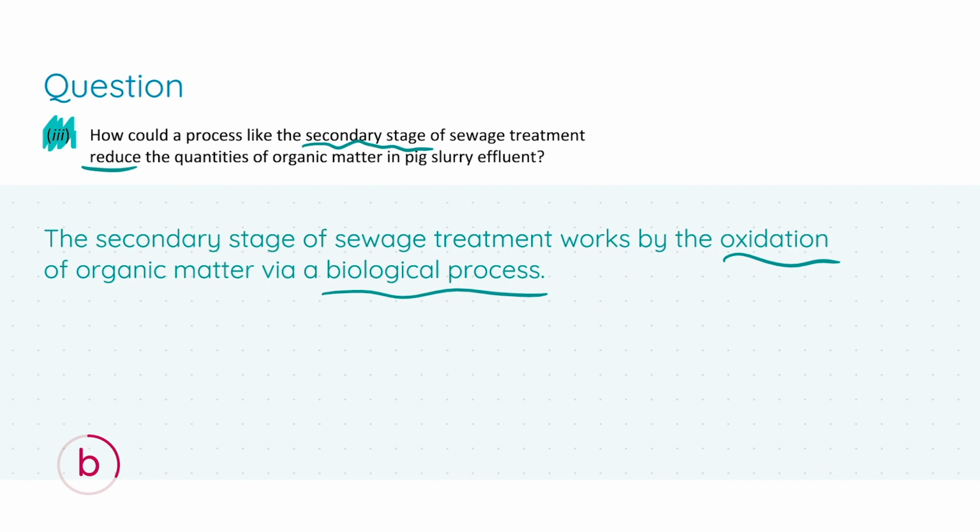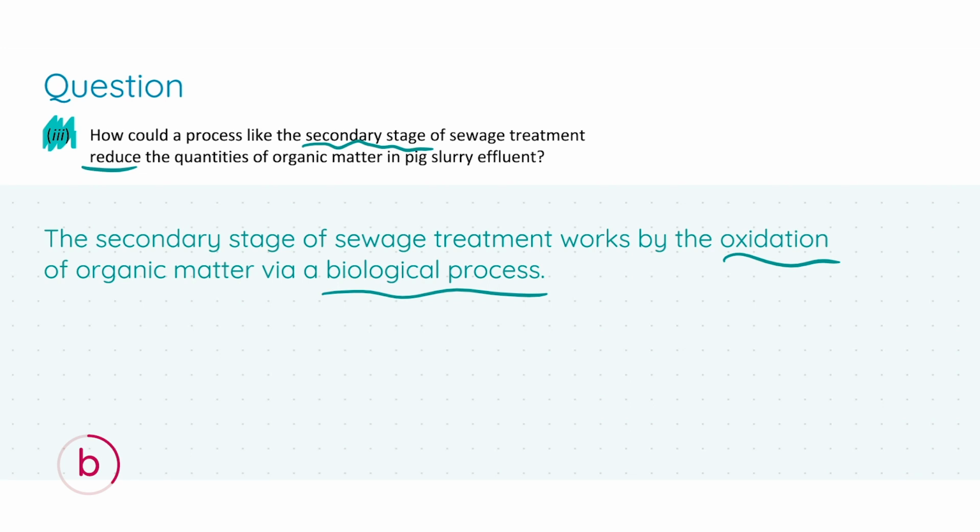By saying any of these biological processes, they will break down, oxidize, and digest this organic matter, and that is the way that we remove such large quantities of organic matter in this pig slurry, because these bacteria will come in and break it down and digest it for themselves. It is one of the important stages of sewage treatment.